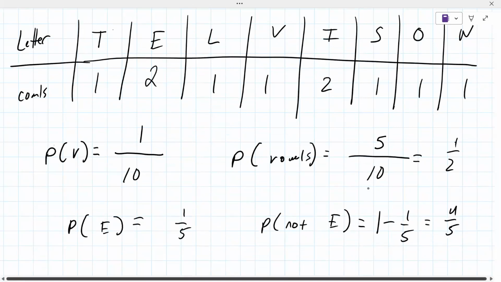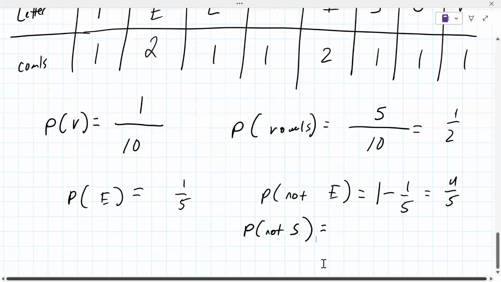4/5. Okay. All right. So now, I don't have a ton of room here. What's the probability of not S? Not S is 4/5.